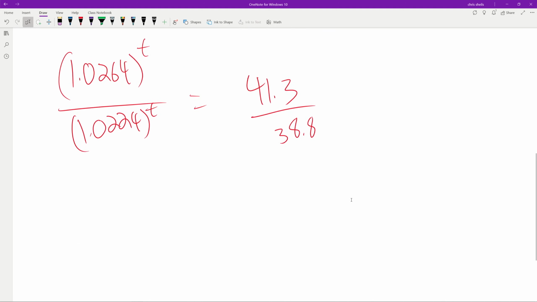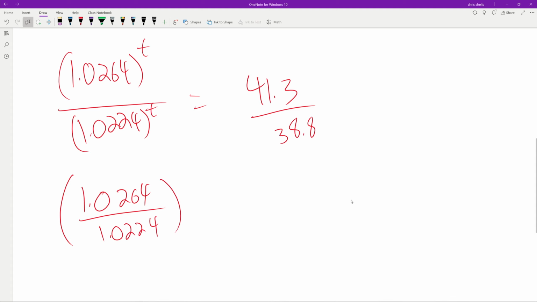Notice how the top and bottom of the fraction on the left-hand side are raised to the same power. That means I can express that as 1.0264 over 1.0224 raised to the t power. This is equal to 41.3 over 38.8.